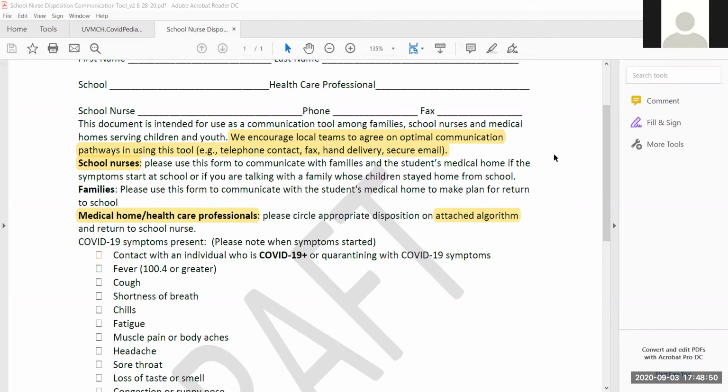I think it's just the idea that we need to make sure that there is a direct connection from you guys back to the school nurses and the other way around too, because school nurses will often run into the same problem. If they try to call the office, they're going to get whoever's working the phones that day, and may or may not get through to you until the end of the day.